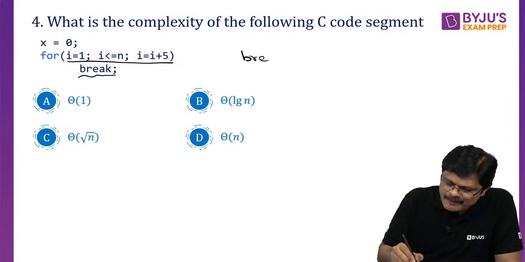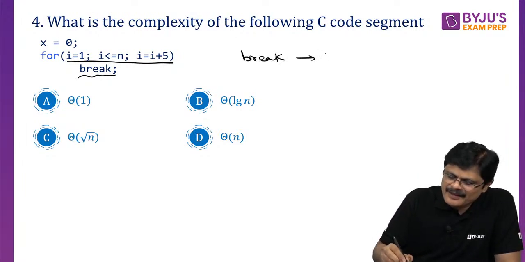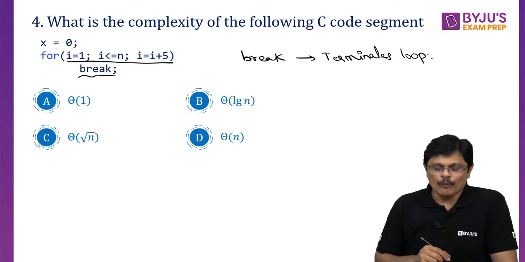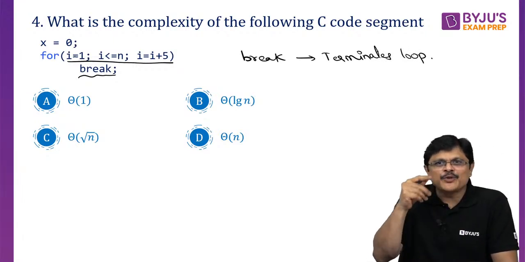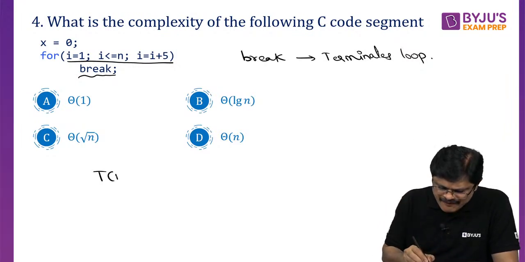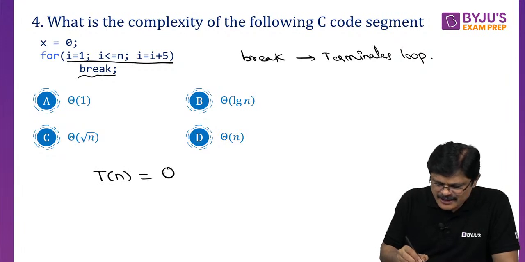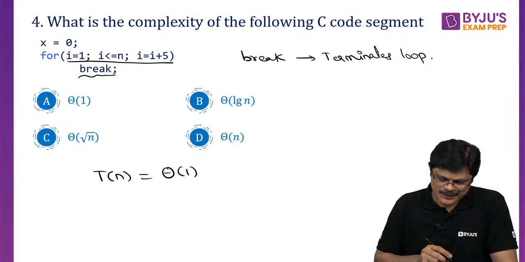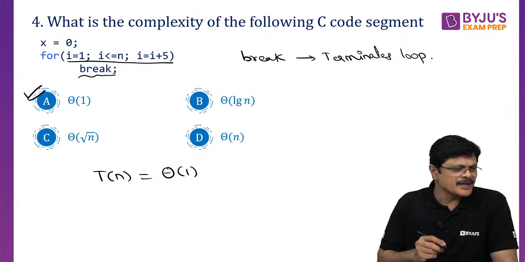The break statement terminates the loop. Therefore, what happens? Only one time you enter the loop and you come out of the loop, my dear friends. So the complexity for this problem is simply constant, theta 1. So that is option A.